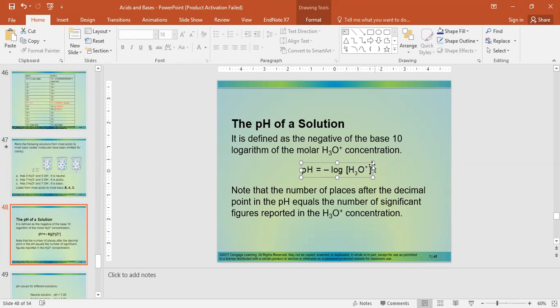If it is a common logarithm, it is always to base 10. Note that the number of places after the decimal point in the pH equals the number of significant figures reported in the hydronium concentration.